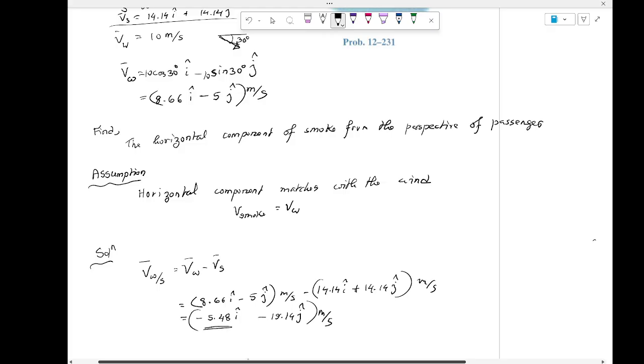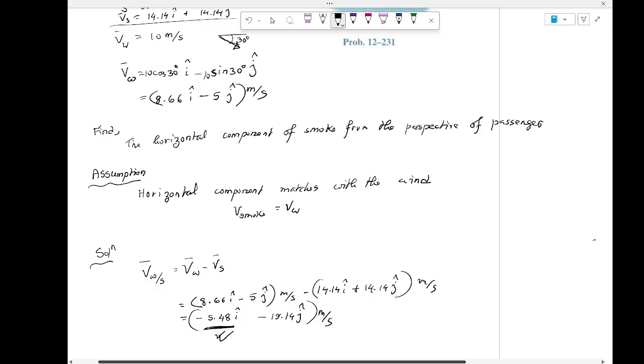Now the question is asking, what is this value? Okay, the x component. And as I said, we are running out of time, so I can talk more about it in the next class. But as a bottom line here, they gave you the ship velocity, they gave you the velocity of the wind with some angles for both of them. We found the components for both of them, the velocities in the x and y direction.